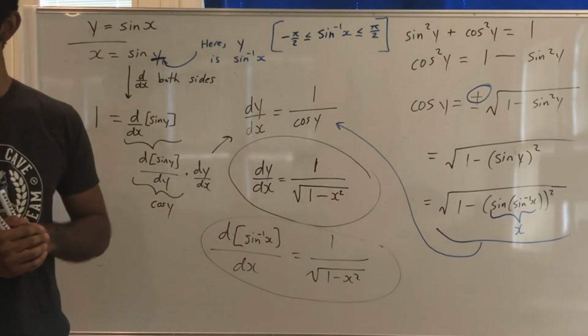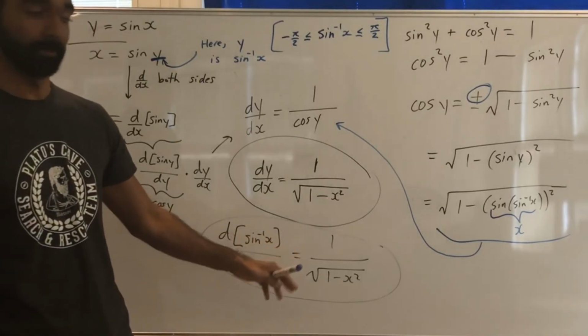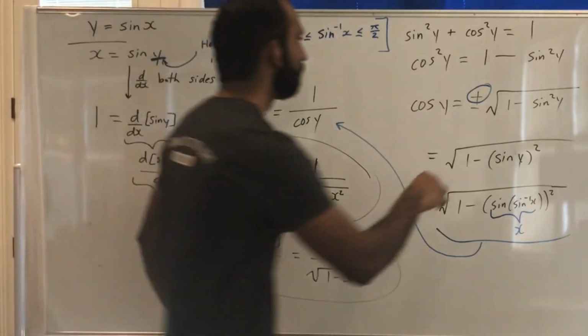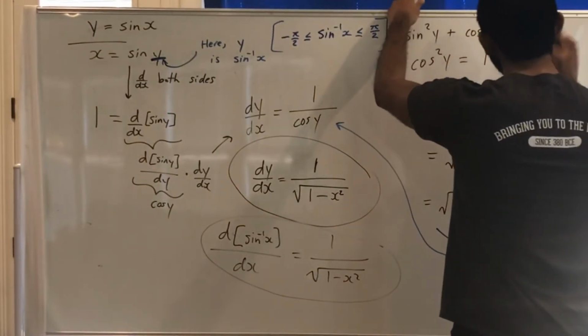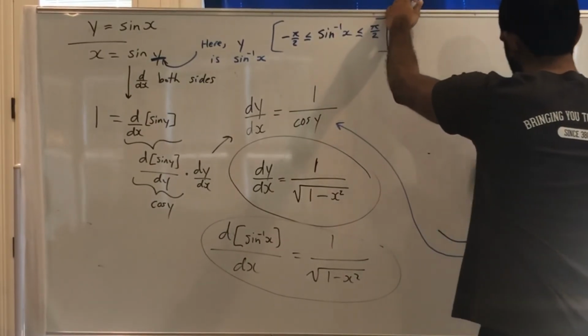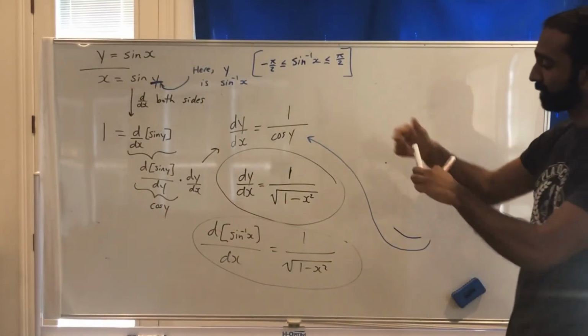Any questions? That's the derivative of inverse sine, yes. Gotcha. And on your own, sometime, you can also prove this one, using an exactly analogous argument that parallels this one.